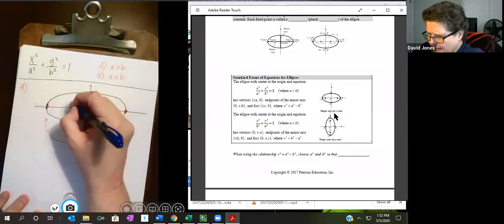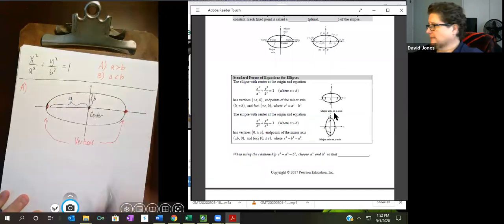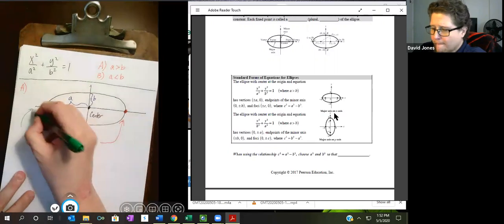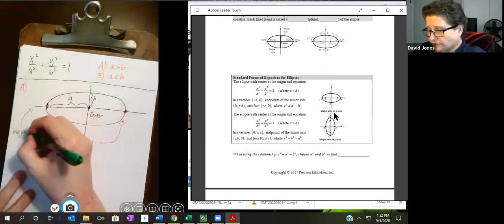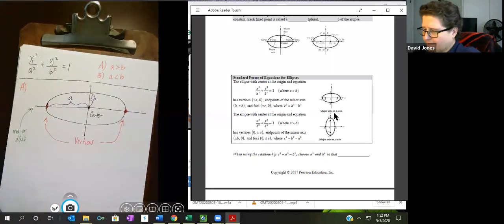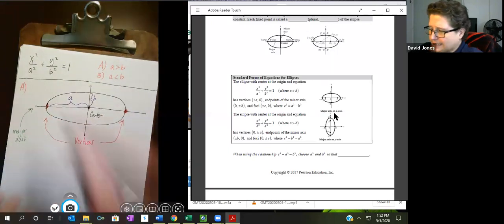This distance there is a. Okay? Whichever one is longer, a or b, that axis ends up being called the major axis. Okay? And the foci appear on the inside.